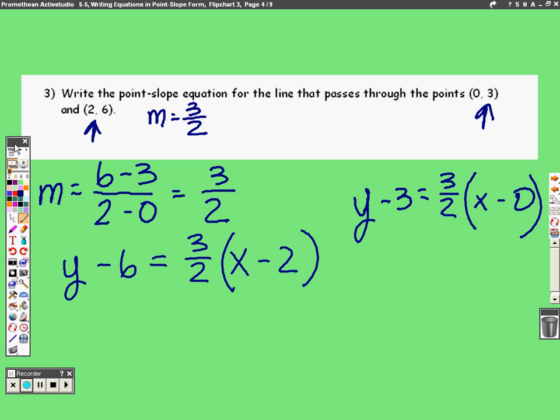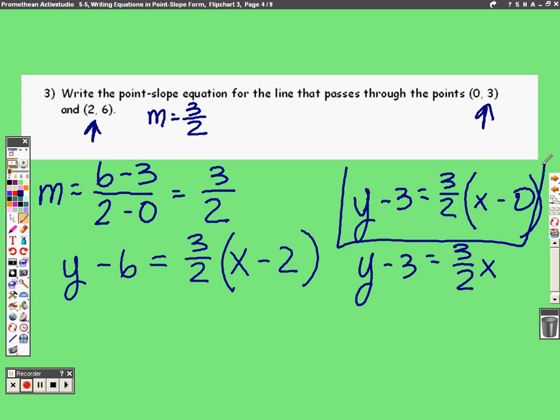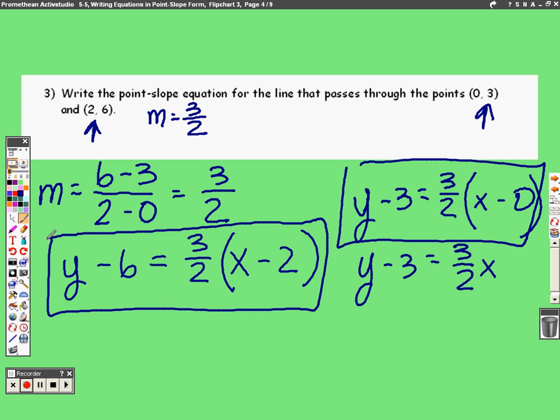All right, and I could simplify that and write y minus 3 equals 3/2 x, okay? But it is in point-slope form when you look at this one. Both of these are point-slope form, okay?